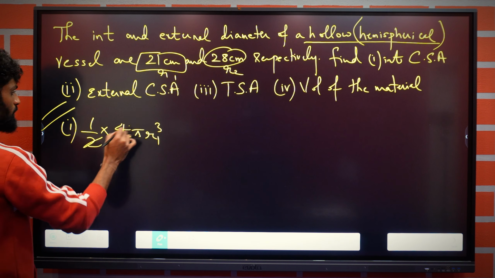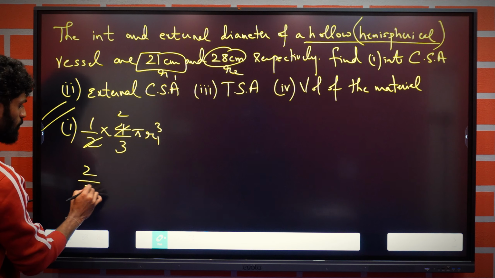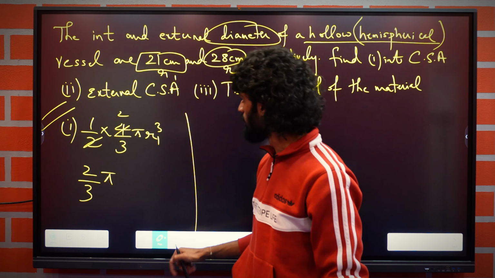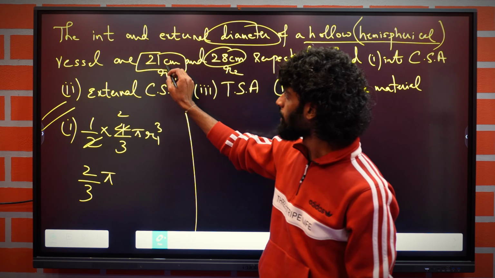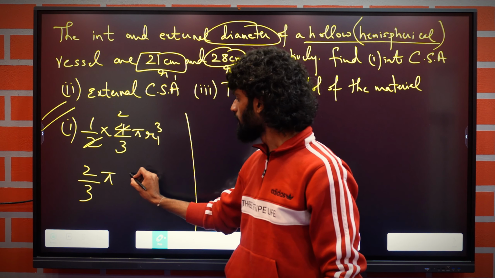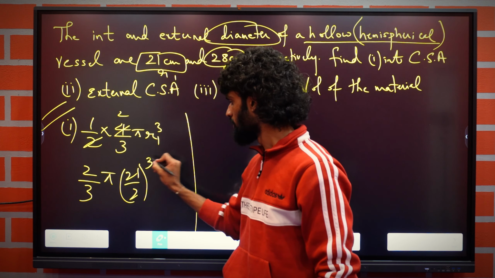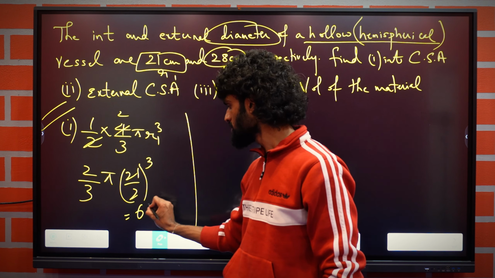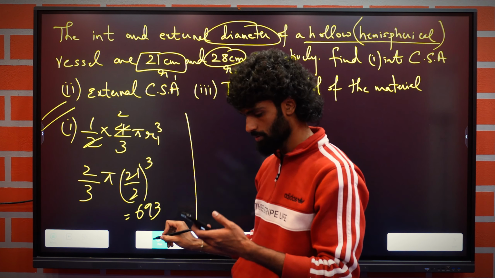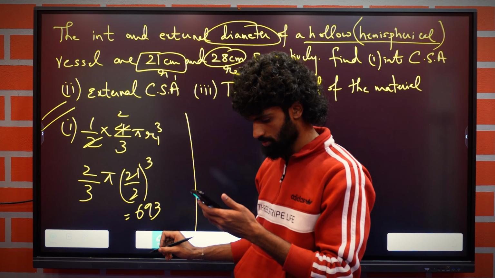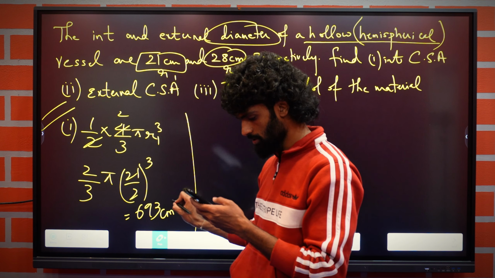1 by 2, so 2 and 2 get cancelled. So I'll write this, it will be 2/3 π as it is. Diameter is given to us, so half of 21. I'll write (21/2) cubed. So you guys solve this, it will be 693 centimeter square.